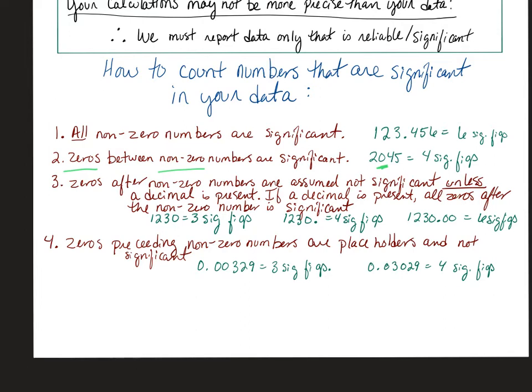Here's what we mean by that. In this number 1230, well, this 0 right here is not significant. He's just a placeholder. We don't know for sure that that was measured. If there was a decimal point to the right of him, we would know that he's measured, but we don't know that right now. So we can only say that this has 3 significant figures. See how adding this little decimal point right here, though, says, yes, everything above here was absolutely significant.